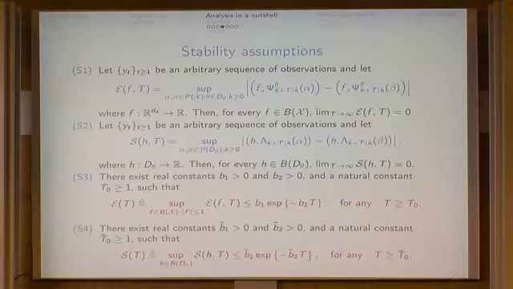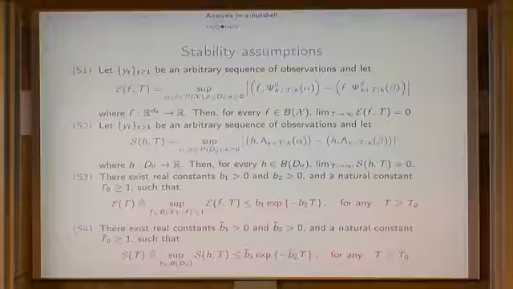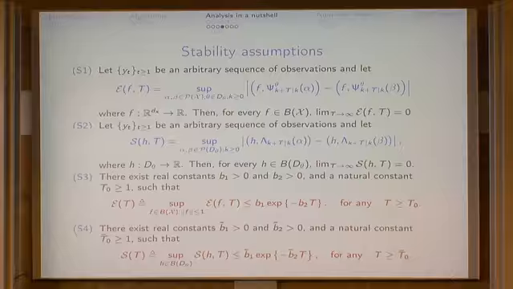Okay. So as you make this capital T large enough, the supremum of this error is going to vanish. So the filter, for any value of the parameters, the corresponding filter is going to forget the initial conditions.